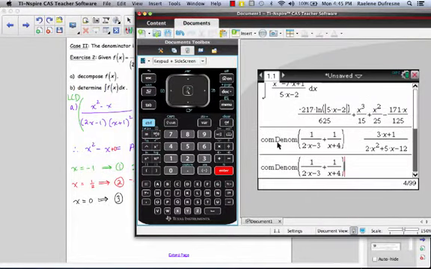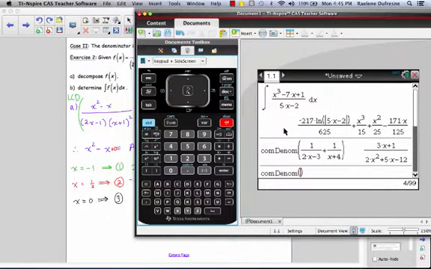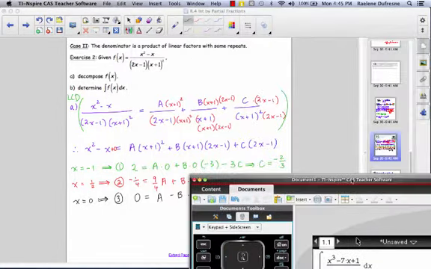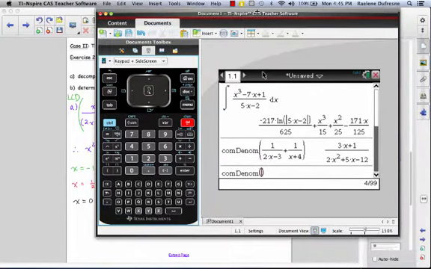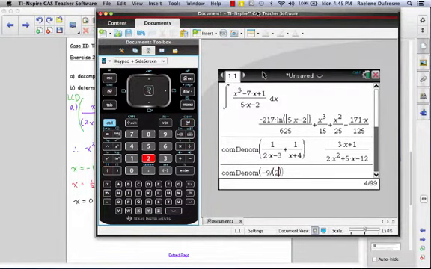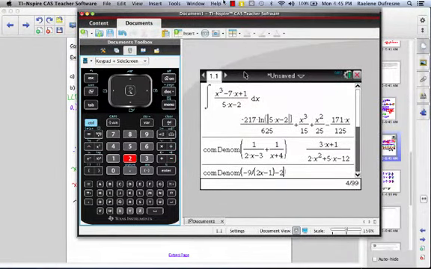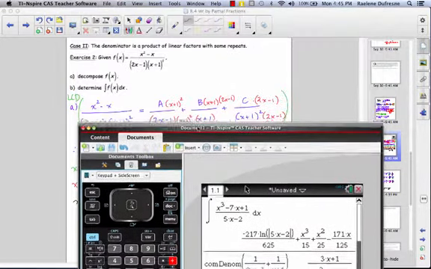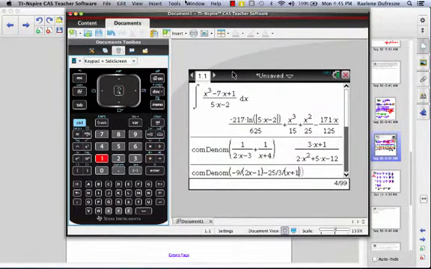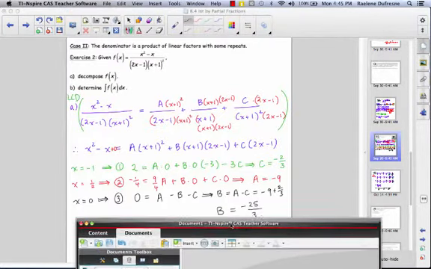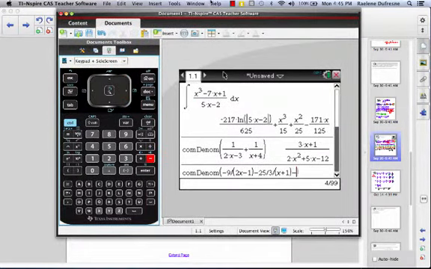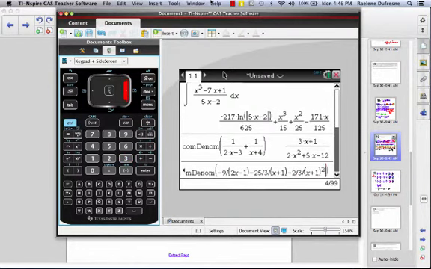Our 3 partial fractions are a, which is negative 9, over 2x minus 1, b, which is negative 25/3, over the denominator of x plus 1, and then c, which is negative 2/3, over the denominator of (x plus 1) quantity squared.